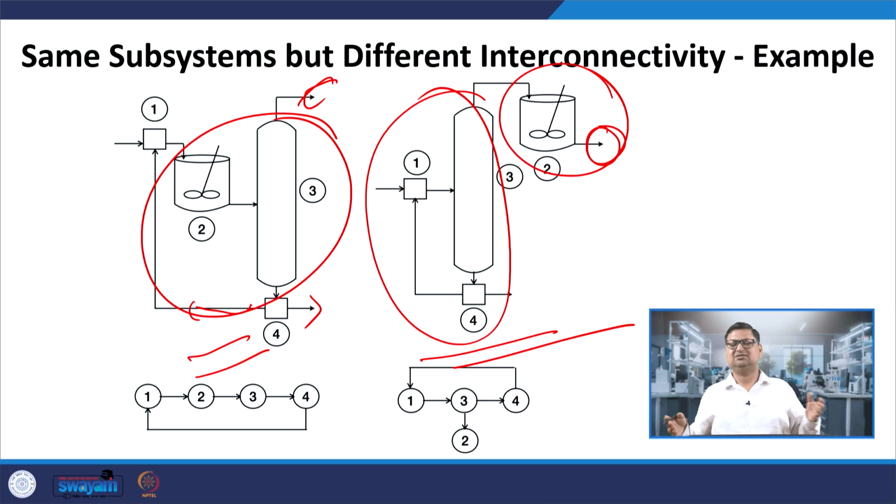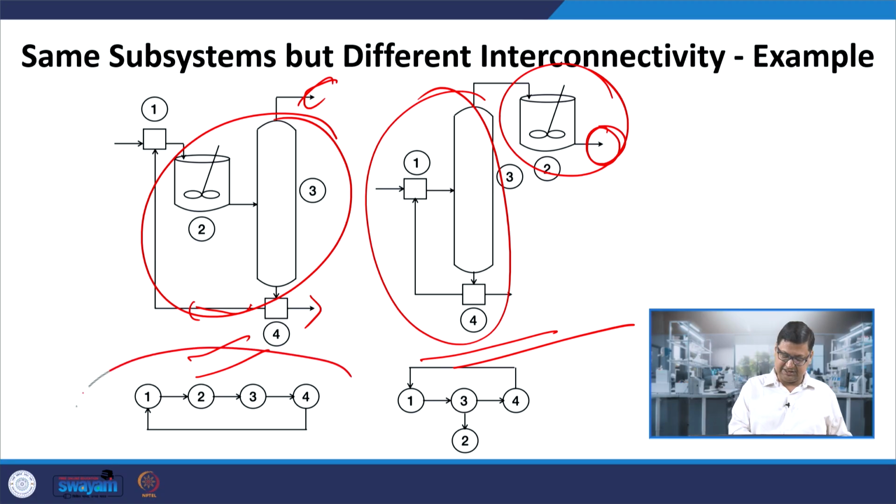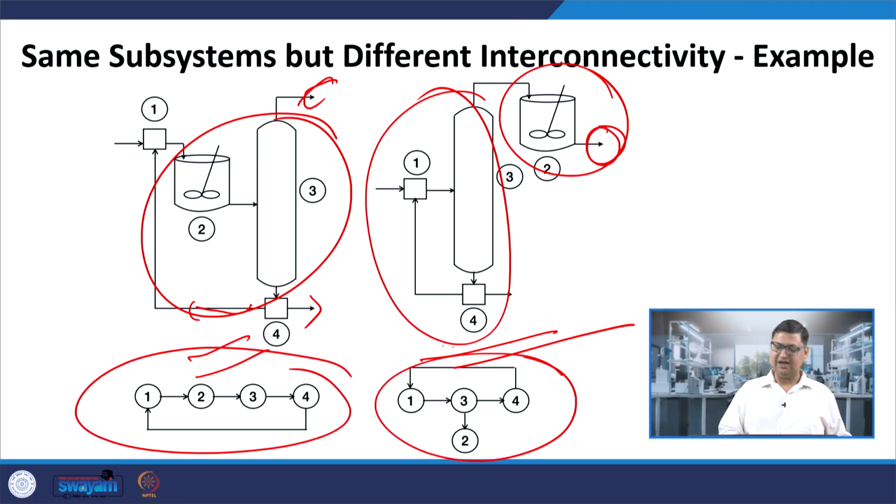In the other case, none of that is happening, and the reason why this behavior changed is not because of a change in subsystems, since both have the same subsystems, but because the interconnectivity in the two cases is very different, right. So, I want to bring home the point that a system is of course defined by the subsystems that dictate what it is doing, but also by how they are connected together, and we will take both these considerations whenever we are doing a model in this course.